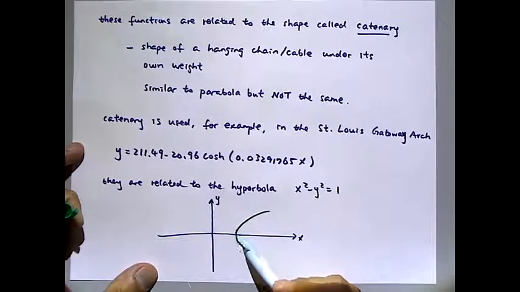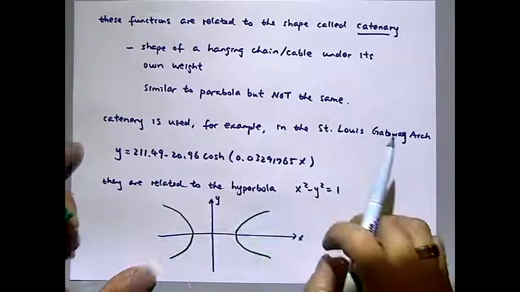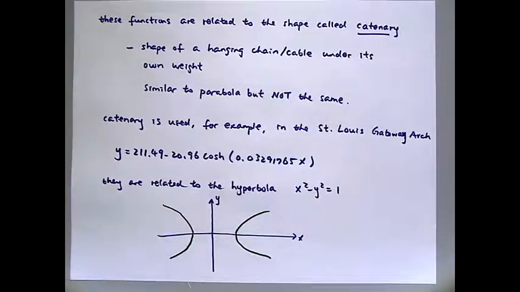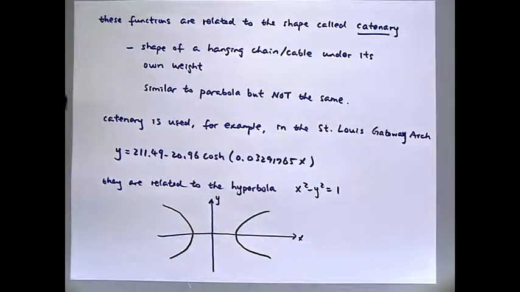Remember, a hyperbola is kind of like two parabolas opening in opposite directions. So if you graph x squared minus y squared equal to 1, you get these two branches.